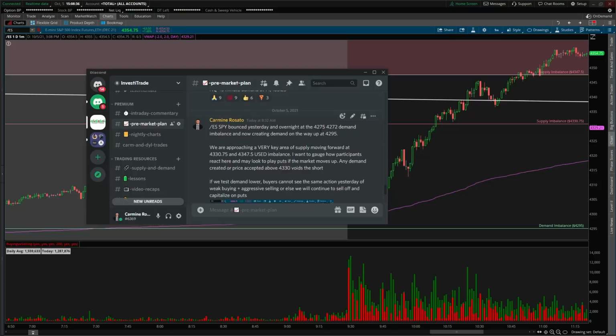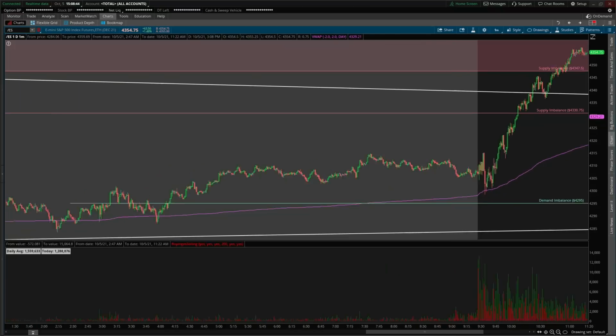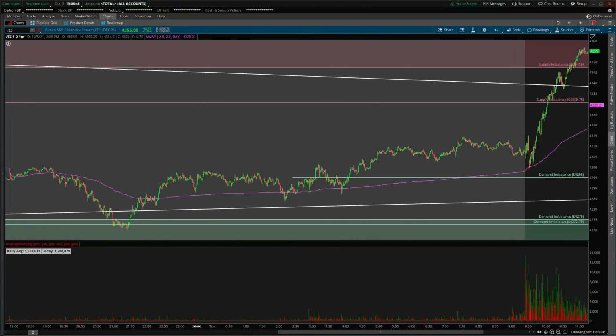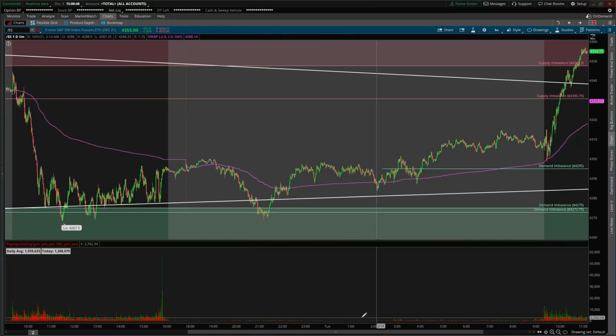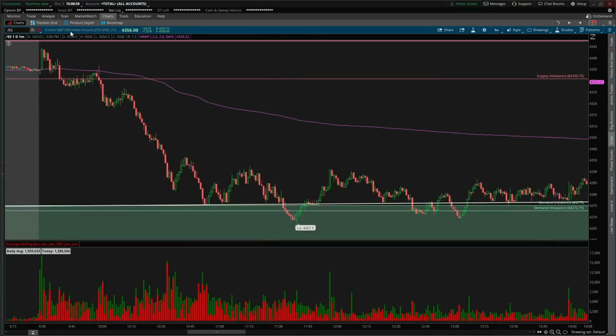Overnight, we bounced at a 4275 and 4272 demand, and we were creating demand on the way up at 4295. So just off of that context alone, we have buyers factored in. Now, where the market environment comes into play is yesterday we saw very aggressive sellers and very weak buying from that morning sell-off, pretty much for the first hour and a half, all the way into demand.